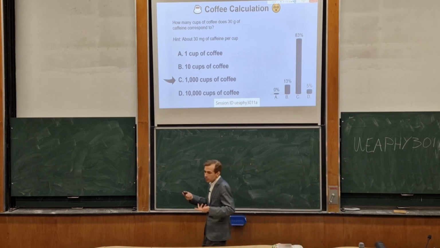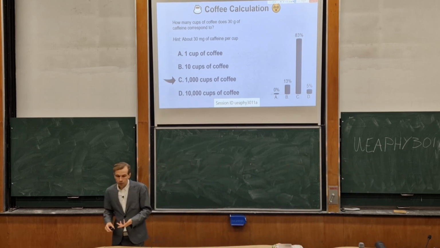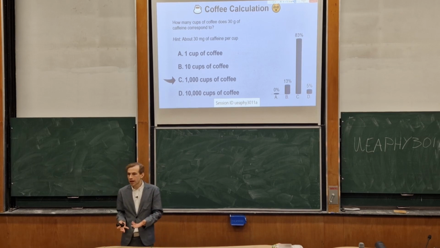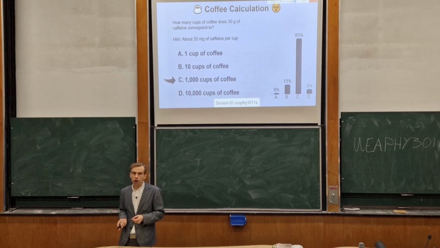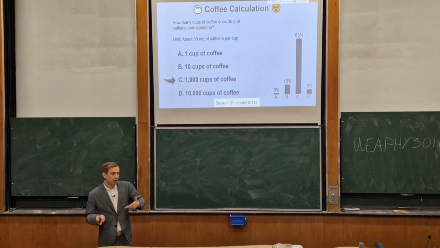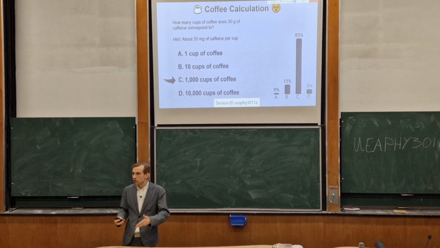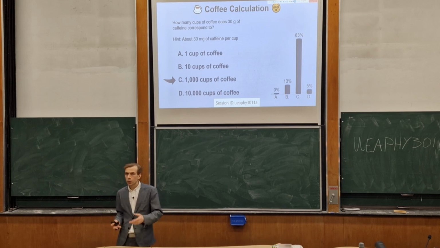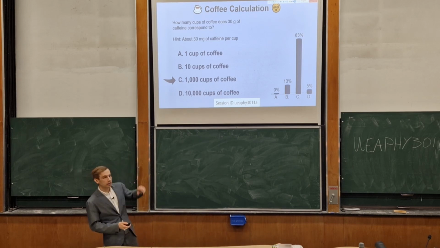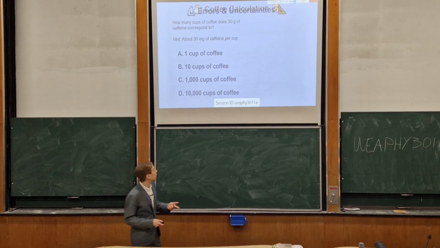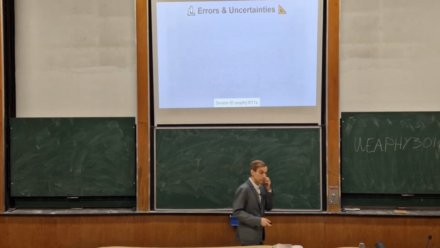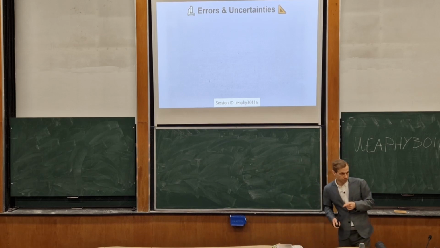Okay, so clearly this situation was a big mistake, and I think it would be fair to say this was a big error. But when we're talking about errors in science, most of the time we don't mean something like this has happened. We actually mean something a bit more specific when we're talking about errors and uncertainties in science.